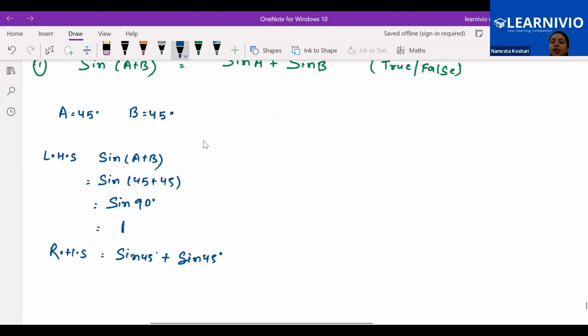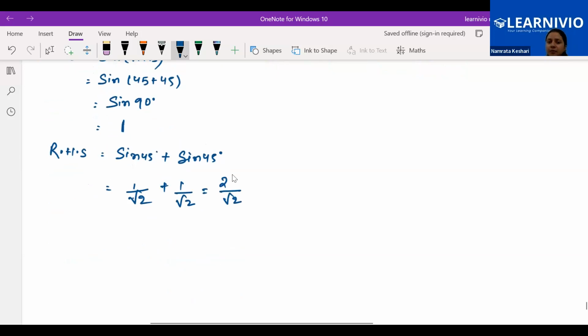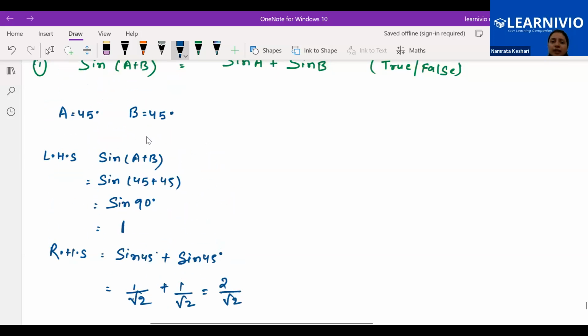So sine 45, sine 45, that means 1 by what? 1 by root 2. 1 by root 2 plus 1 by root 2 is equals to 2 by root 2. Is it the same? No.